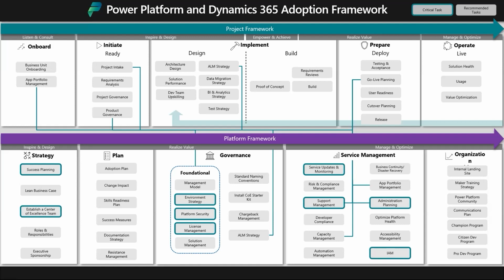When we talk about a platform framework, we're talking about the all-up tenant architecture that exists for a customer organization. We're not going to get into everything that's on here today, but what we will focus in on is a lot of these critical tasks. We're going to paint our conversation today in context of this app portfolio management piece. And so as we go through and try to answer those questions that we just talked about, think of it in terms of how do you manage an app portfolio?